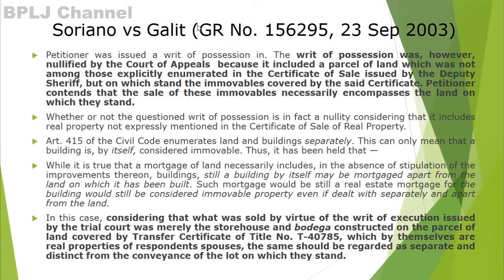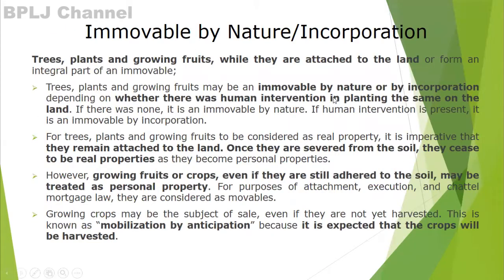So the Supreme Court held that considering that what was sold by virtue of the writ of execution was merely the storehouse and the bodega constructed on the parcel of land covered by transfer certificate of title, which by themselves are real properties of respondents, the same should be regarded as separate and distinct from the conveyance of the lot on which they stand.